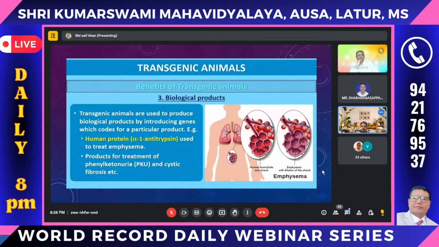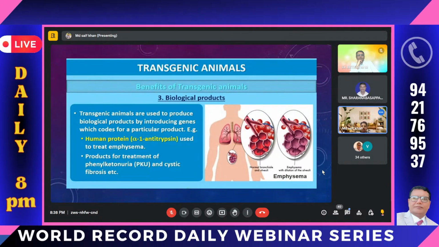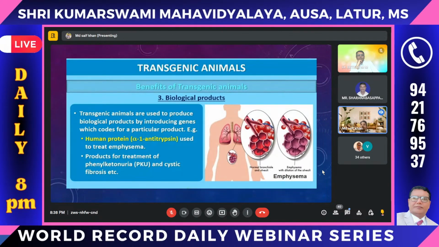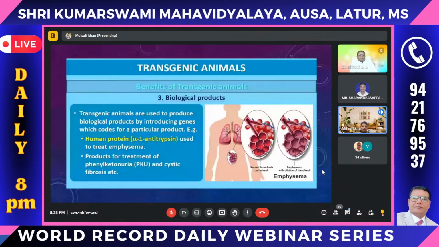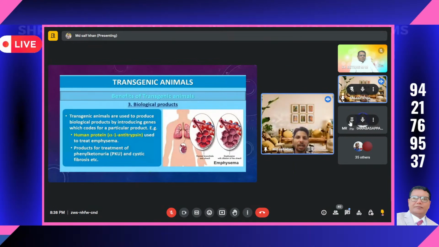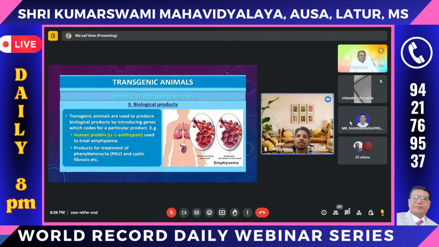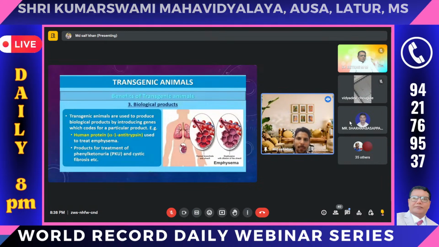It is one of the lung diseases related to the respiratory tract. Another product, for the treatment of phenylketonuria, that is PKU, and cystic fibrosis, can be obtained from these genetically modified or transgenic animals.